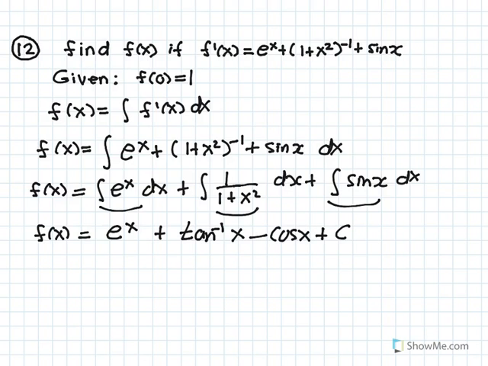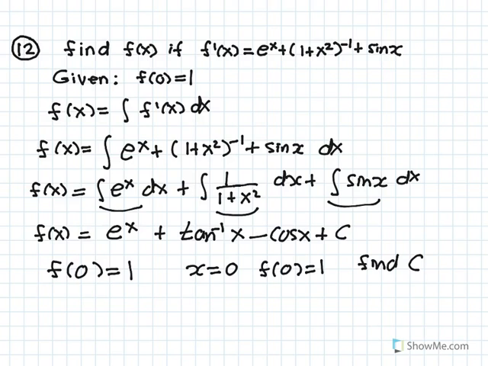Now we're given that f of 0 is equal to 1. That means we have to plug in x equals 0, f of 0 equals 1, and find c. Let's do that. 1 is equal to e to the 0 plus tan minus 1 of 0 minus cos 0 plus c. E to the 0 is 1.